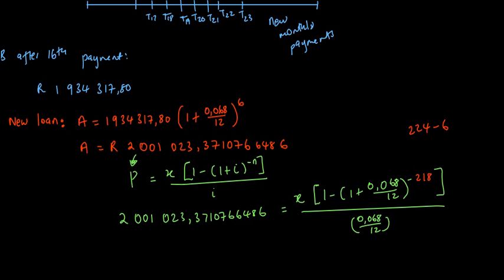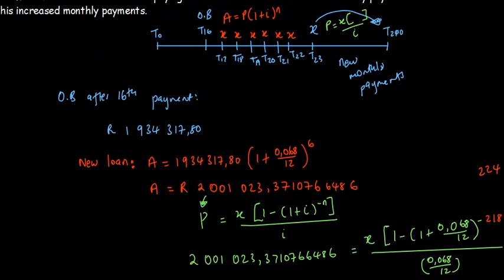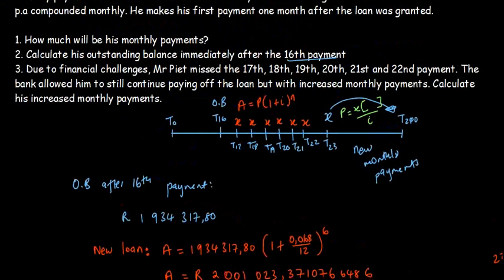All right. So if you can check, what I was saying to you is that when you have to do number 3, whereby due to financial challenges, what you're going to do is go to the 16th payment and say, after the 16th payment, we were left with how many payments? From T16 to T24, how many payments is that?